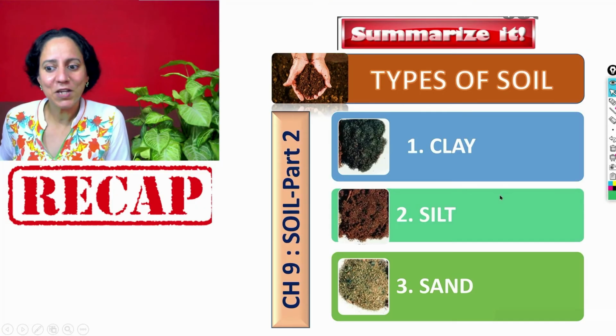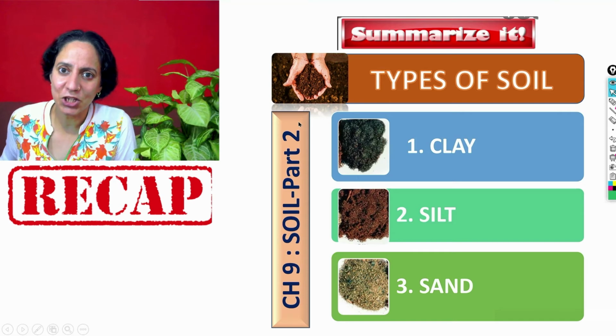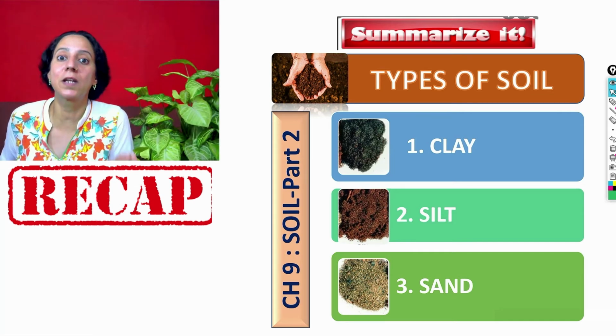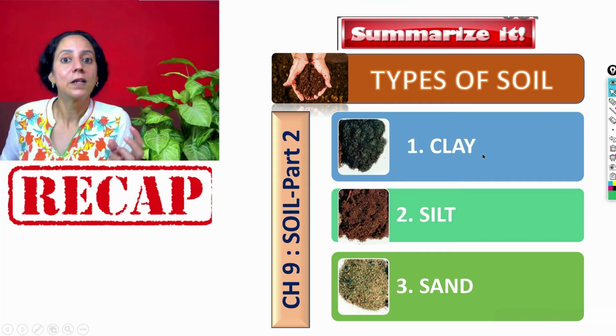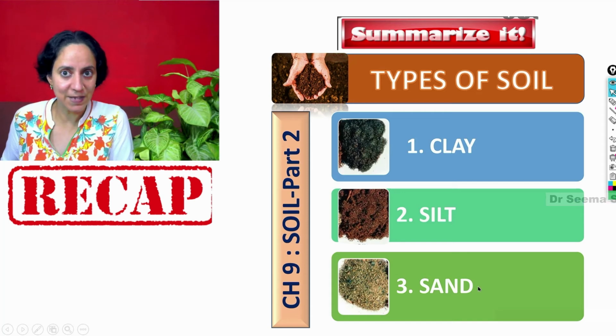So with this, we are through with the content of this video. Now it's time to recap. In this video, you came to know about the basic classification of soil. Together, we explored the characteristic features of three types of soils, which are clay, silt, and sand.